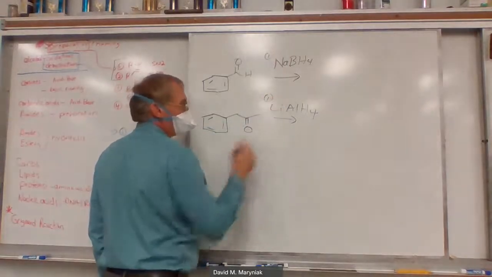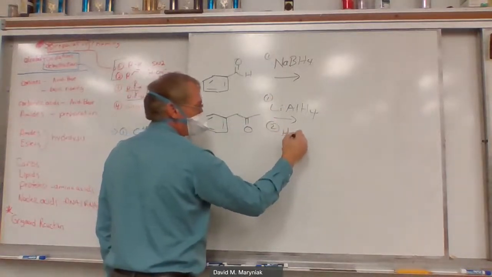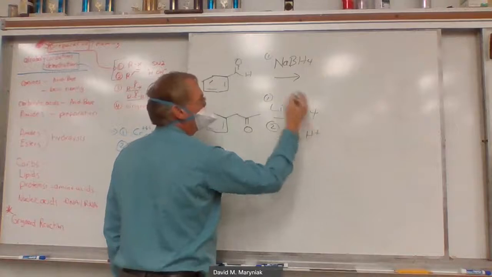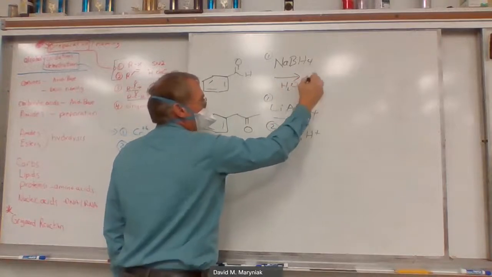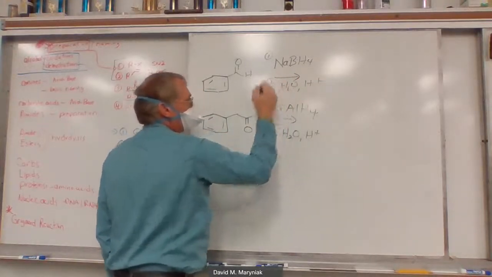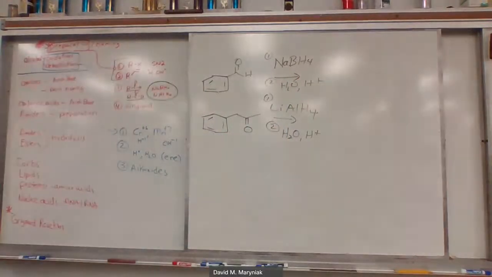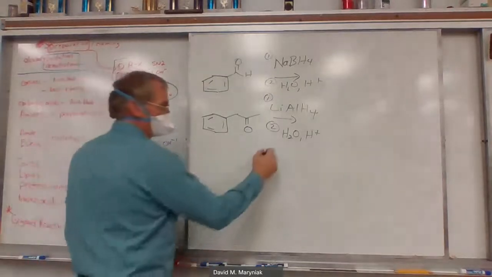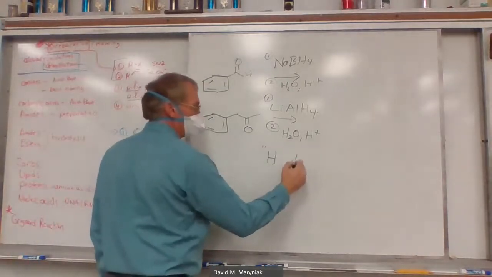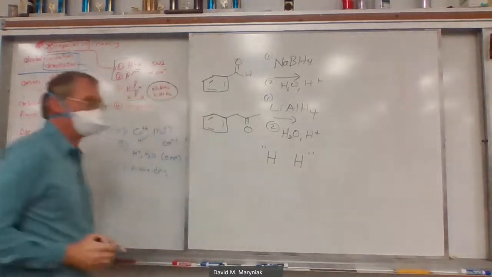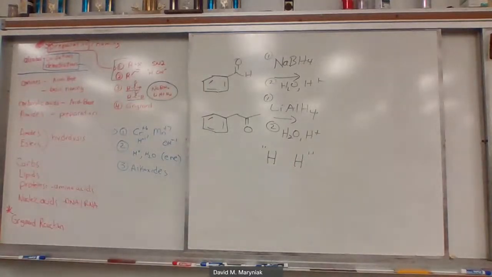No matter which reducing agent you use, you're always going to work that up in water, usually with some acid. That's important because overall, all a reduction does is add H across the double bond.